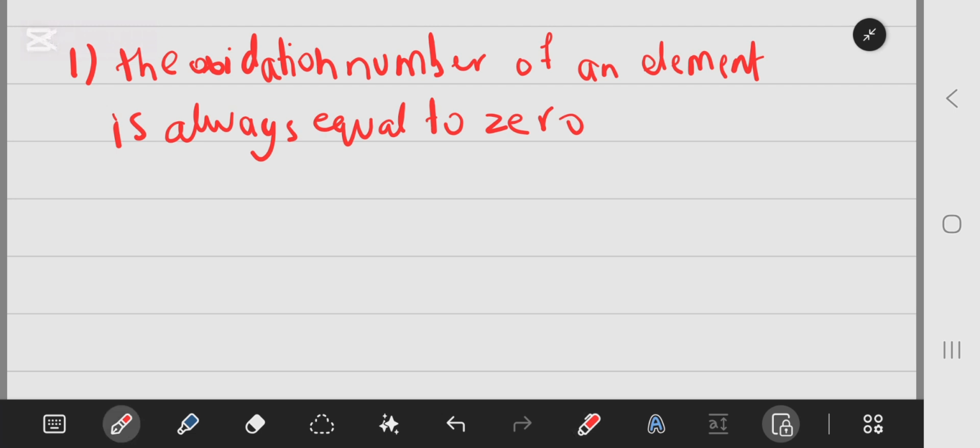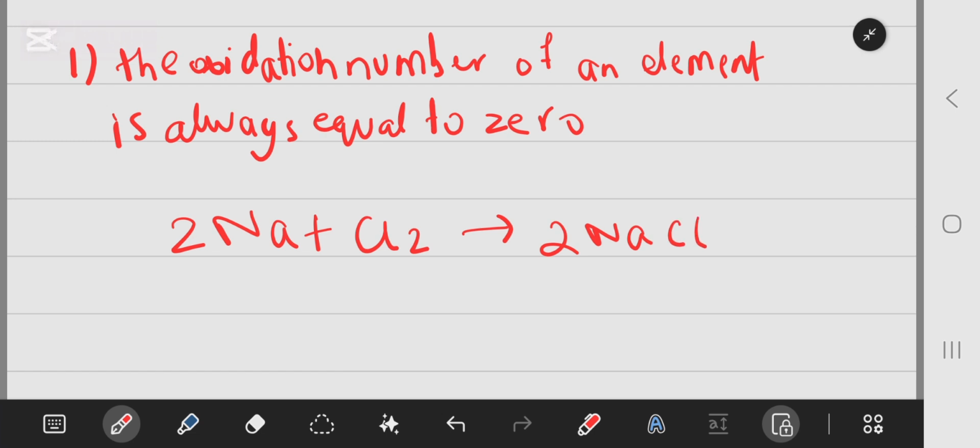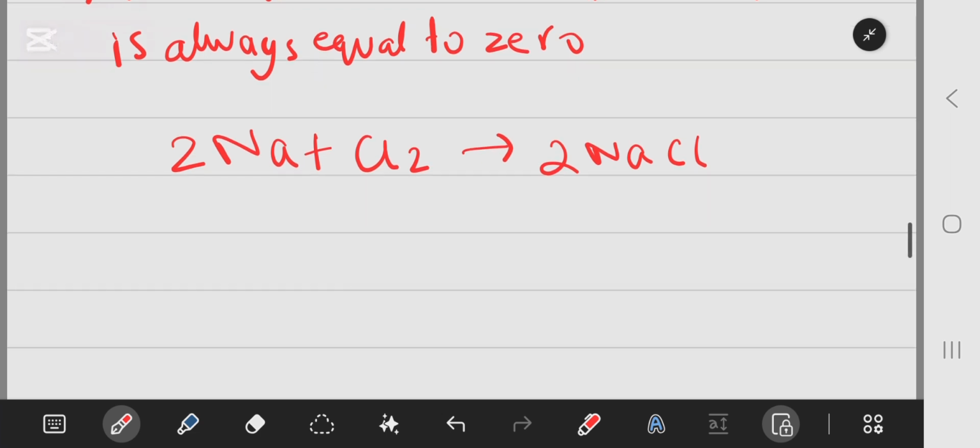For example, 2Na plus Cl2 gave us 2NaCl. Right now I have two elements I can see over here. Before I do this, some of you might be thinking, what exactly is an element? An element is made up of only one type of atom.